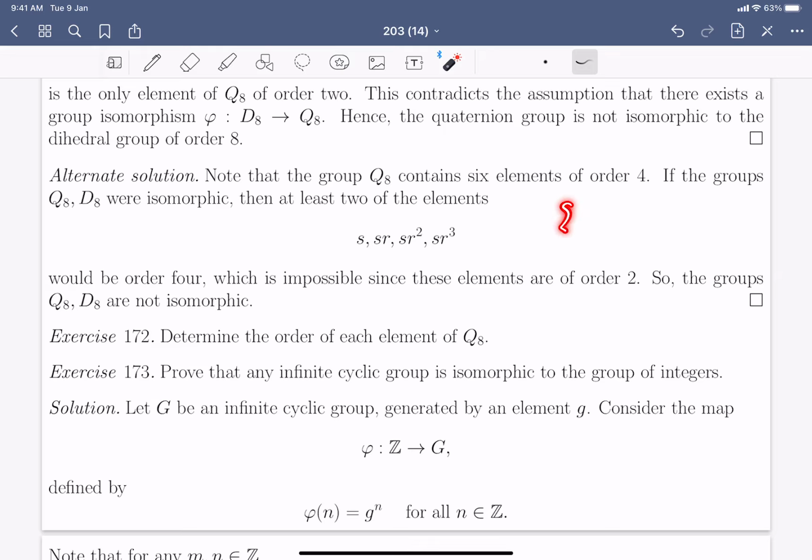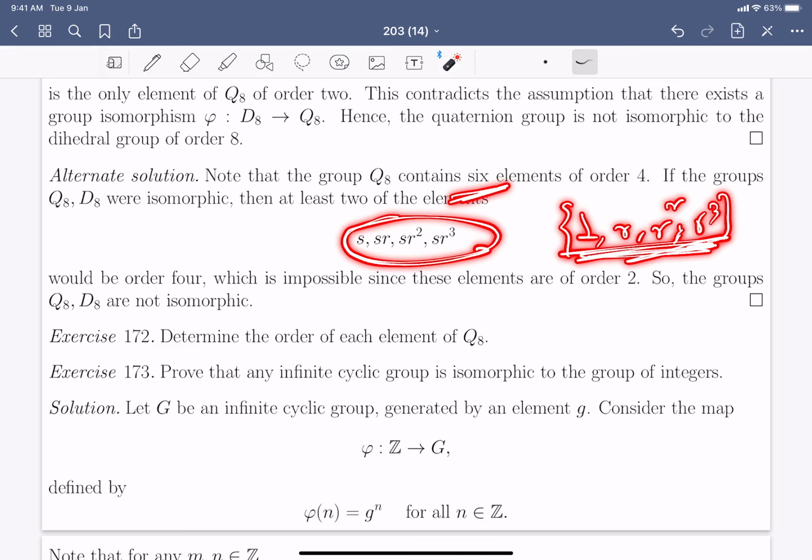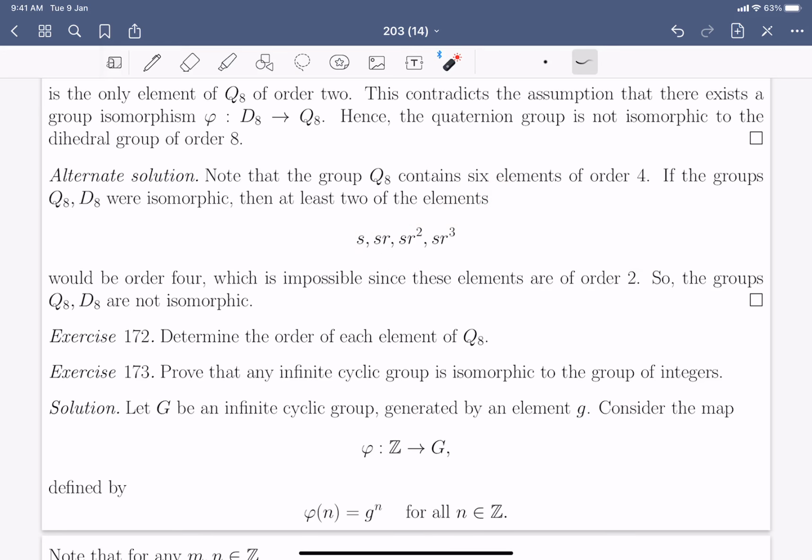Or maybe you just say that we have to have 6 elements of order 4, and here you have already got 4 elements. Among them we should have at least 2 elements of order 4, but that is impossible because these are all elements of order 2. So it follows that Q8 and D8 are not isomorphic.